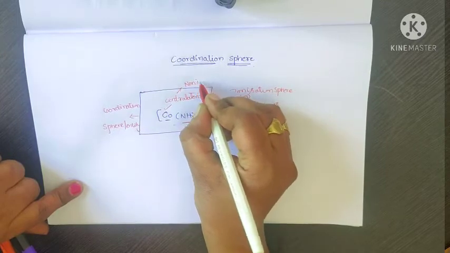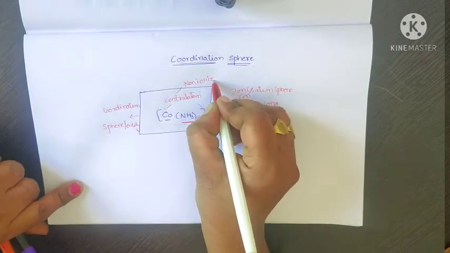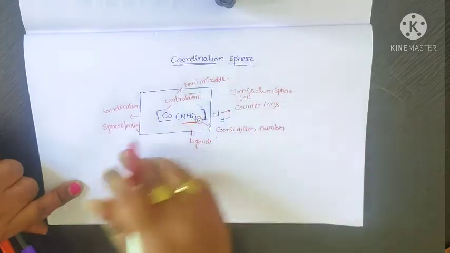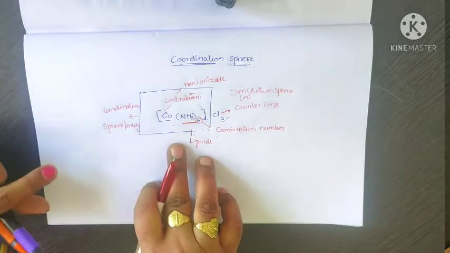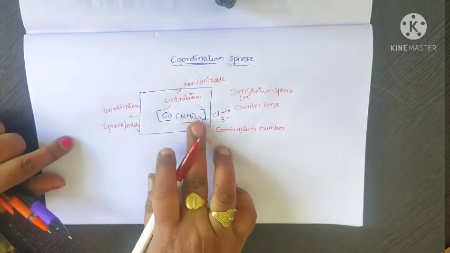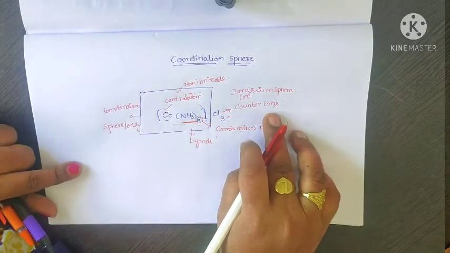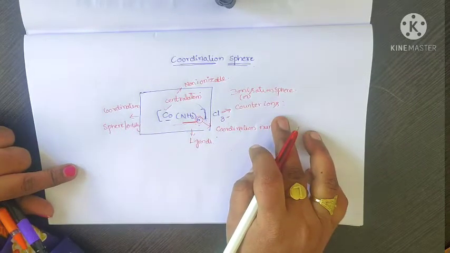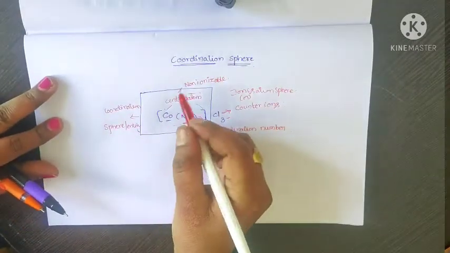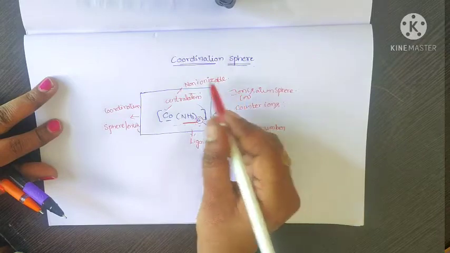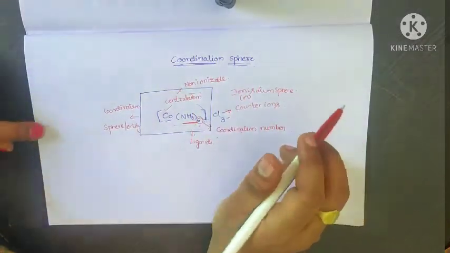This central atom is non-ionizable. The species present in the coordination sphere are non-ionizable. The species present in the ionization sphere are ionizable. That is the coordination number and the coordination sphere.